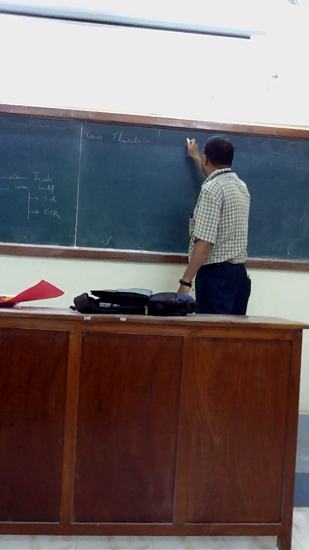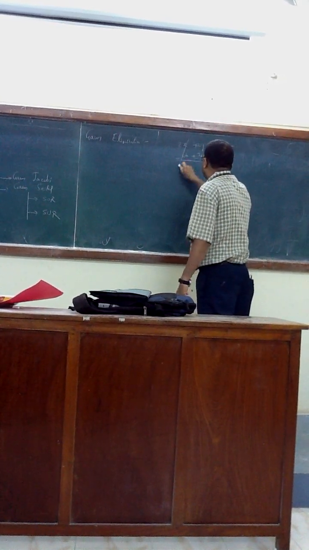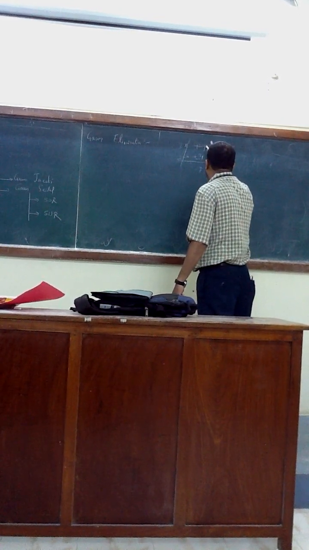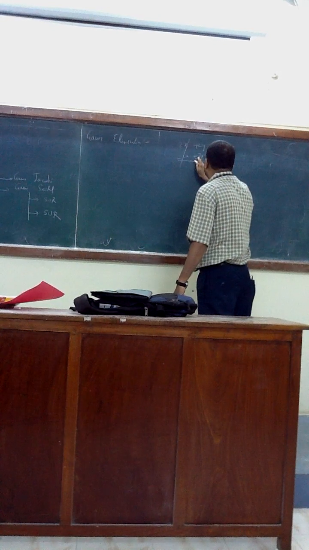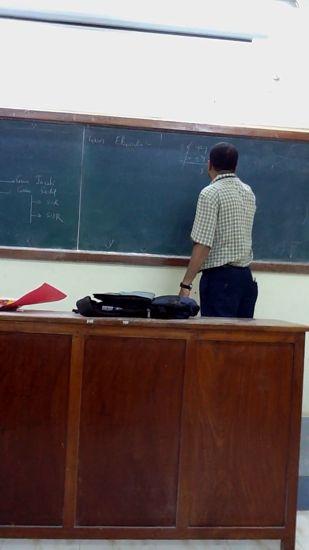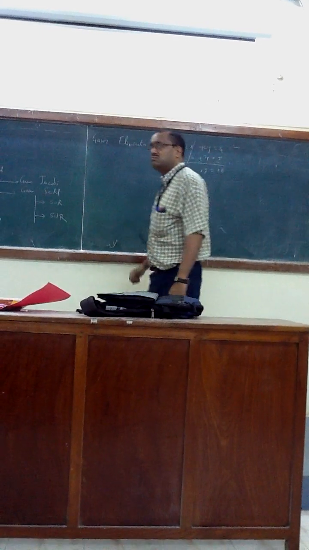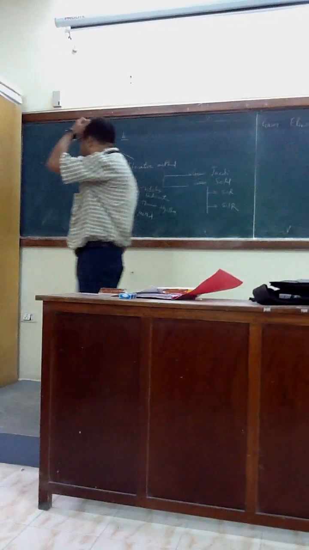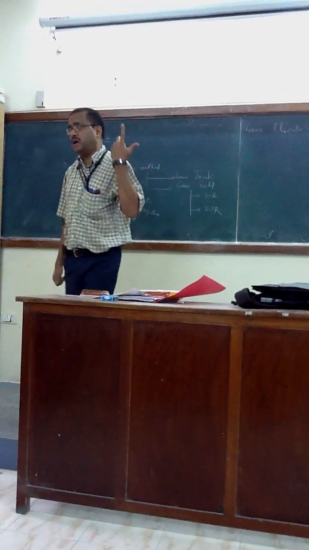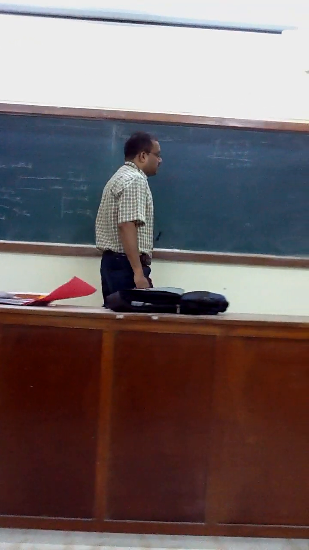What we do, we multiply this by 2, and then this is minus y equals minus 3. Minus y equals minus 3, so y equals plus 1, right? So this technique is the Gauss elimination method. We have done it already, but at that time they didn't call it that.